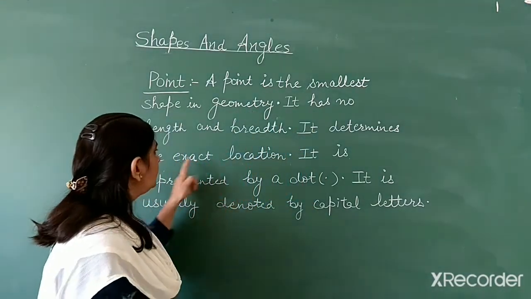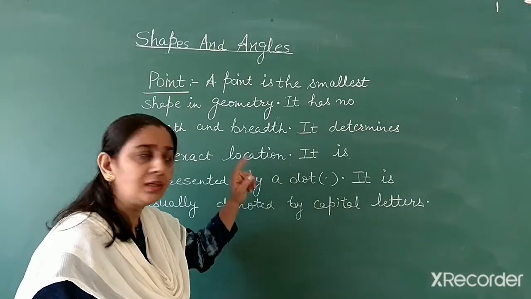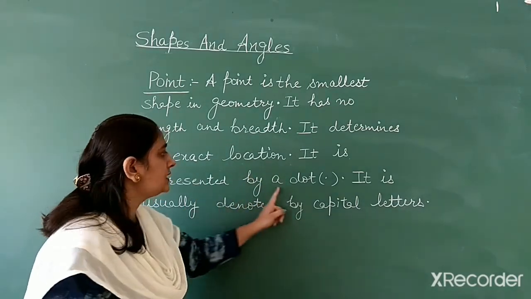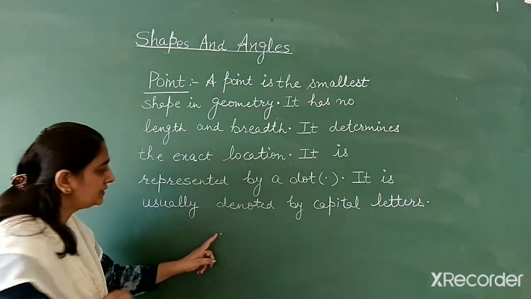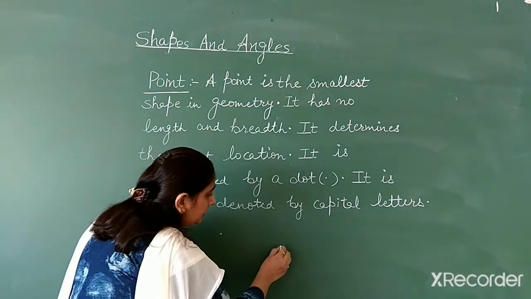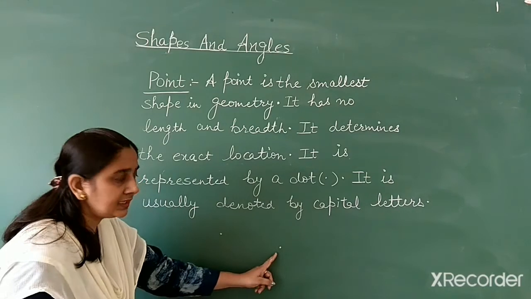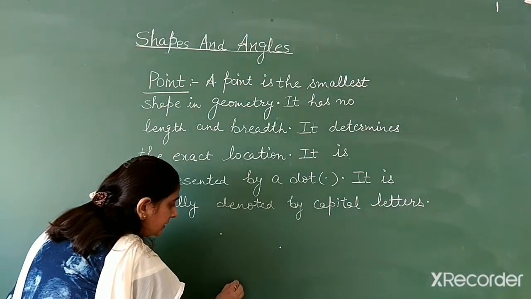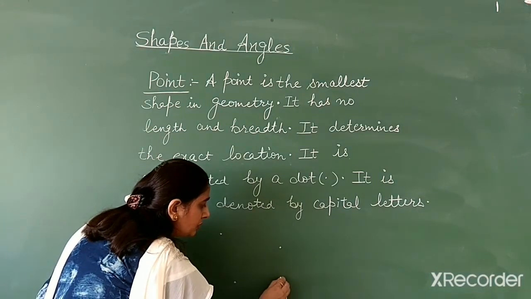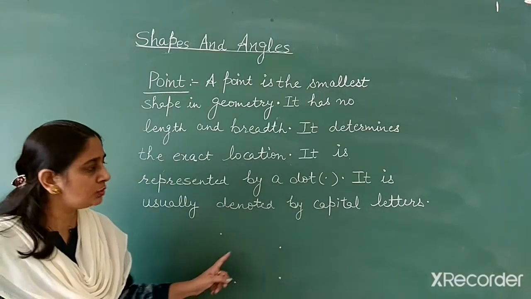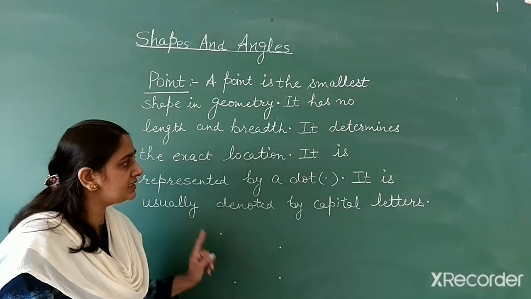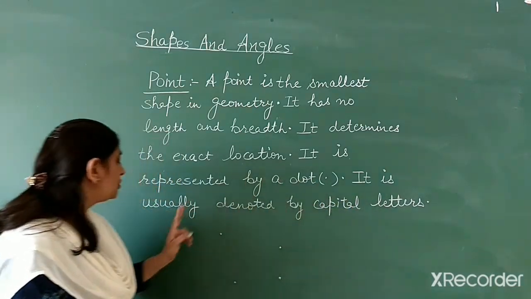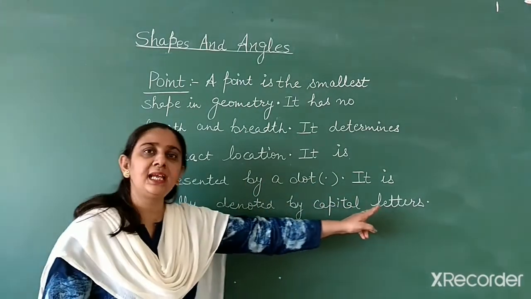Now, it determines the exact location. It is represented by a dot. If you put a dot, this dot means this is a point. Here, this is the second dot I have marked, this is the third dot, and this is the fourth dot. I have marked 4 dots in front of you. Basically, these dots are 4 different points, and a point is usually denoted by a capital letter.